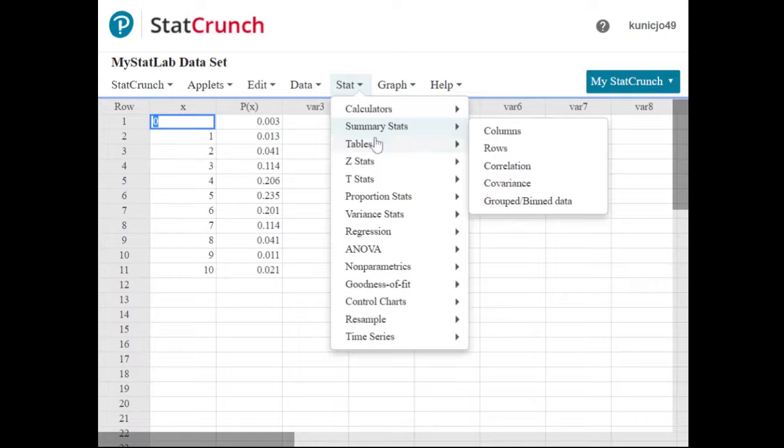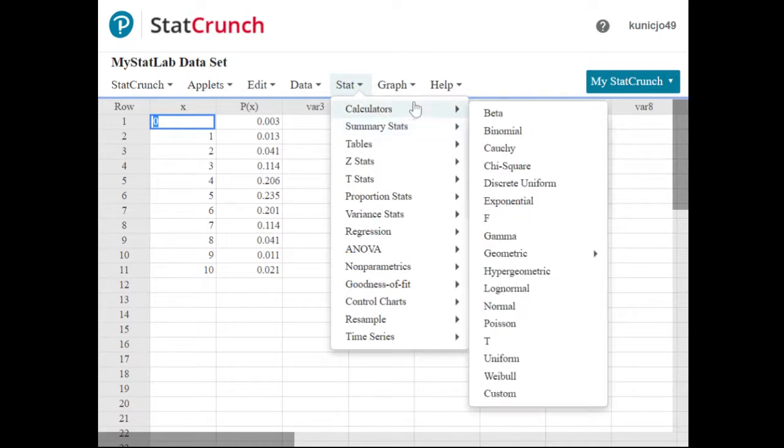Let's see. Got to remember how to do this. The basic formula is you just multiply x times p of x. So there's 11 products. You add them up. That's the mean. And then there's another formula for the standard deviation, which is more complicated. But let's see if I can remember how to do this one.